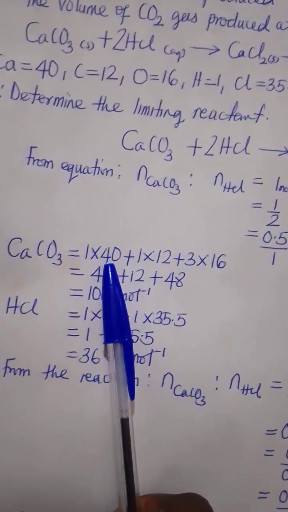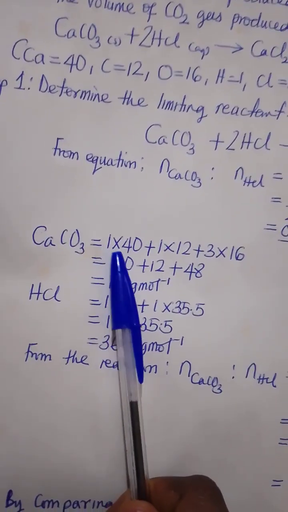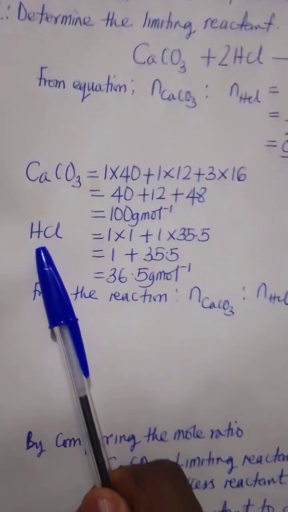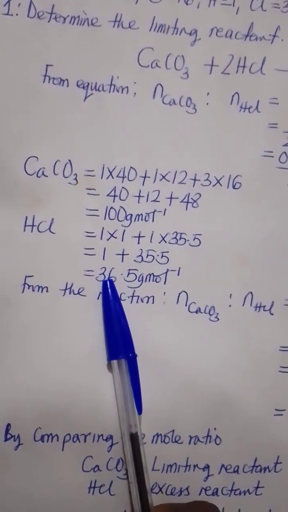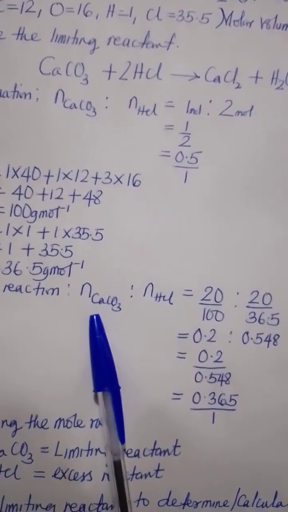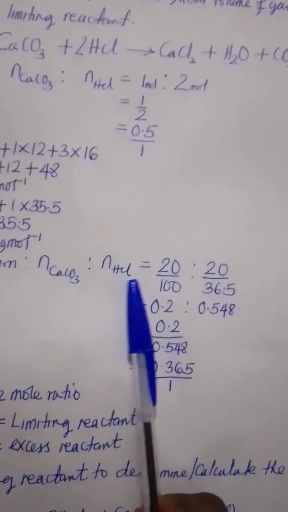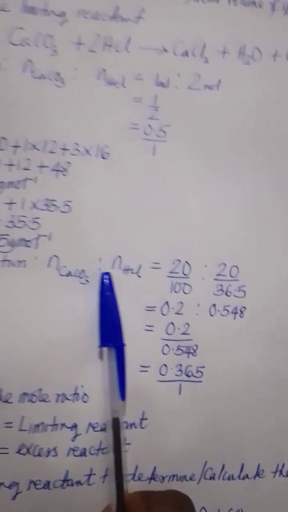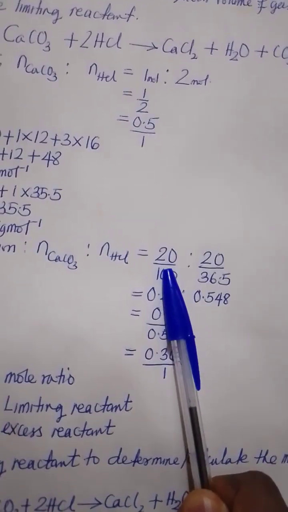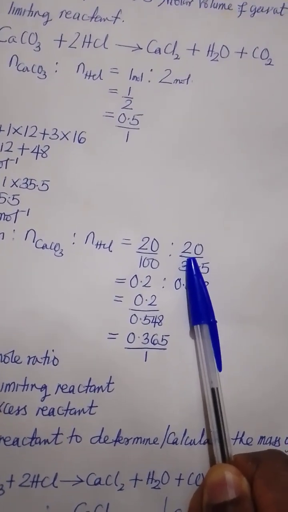Following the number of atoms and the atomic masses given, we have 1 times 40, and just follow through. That will give you 100 grams per mole. If you do that for HCl, you will get 36.5 grams per mole. So from the reaction, the number of moles of CaCO3 to that of HCl will be 20 grams over molar mass for CaCO3, to 20 grams over molar mass for HCl.